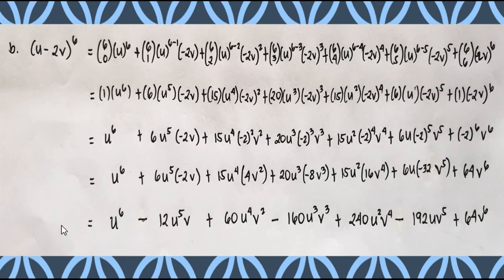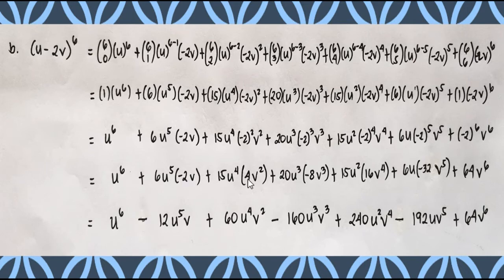And then we multiply the numerical coefficients. Here, copy, 6 times negative 2 is negative 12 u to the power of 5 v, minus since the 2 is negative.